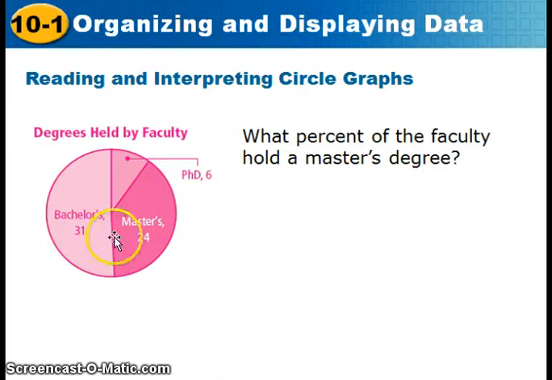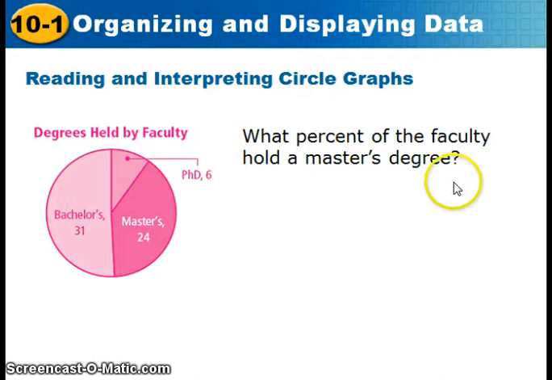And there are 31 bachelors, 24 masters, and 6 PhDs. And this is showing you what part of the whole, 100%, each degree accounts for. So it's really easy to see that there are the most bachelor's degrees, the fewest PhDs, and you can see if you combine the area of the PhDs and the masters that they are about the same as the bachelor's, which is a little bit more than half.